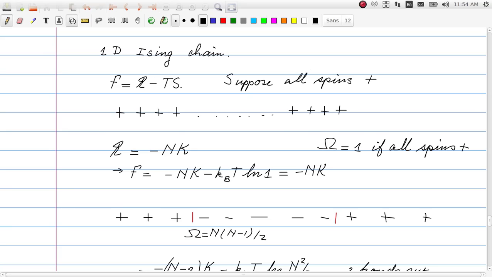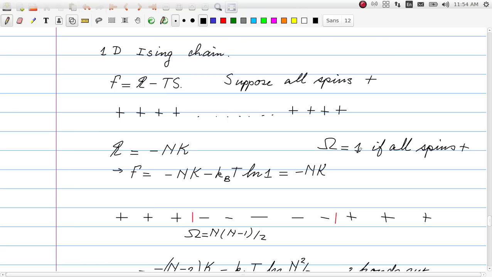Well, it turns out that there is indeed a way for the one-dimensional Ising chain. The one-dimensional Ising chain is in a phase which is defined by the minimum of the free energy, which is defined as the energy minus T times the entropy. So let us first consider all the spins being plus, and you can also choose them all being minus. That is only one phase, so there was no leeway to modify the system.